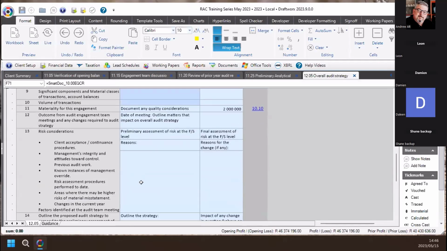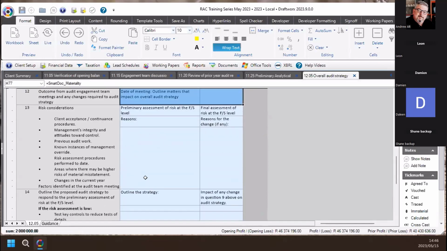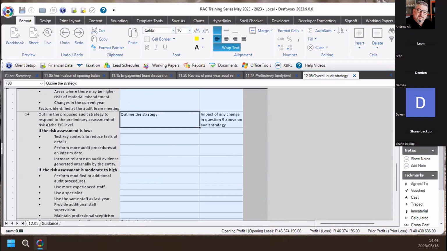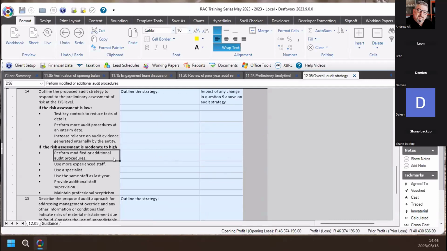We then go into, there's our materiality that we pull through as well. What's our general audit strategy? Preliminary assessment of the risk at financial statements level, if it's low. Are we going to look at testing key controls? Are we going to be performing modified or additional audit procedures in areas that you generally see moderate or high risks?